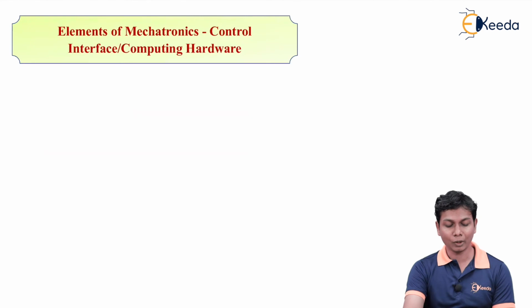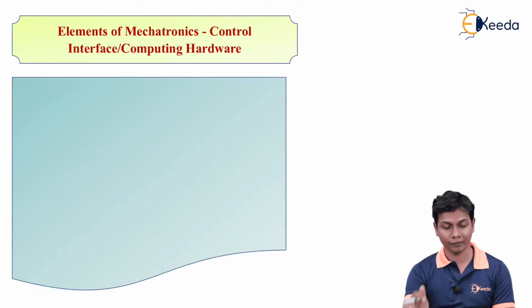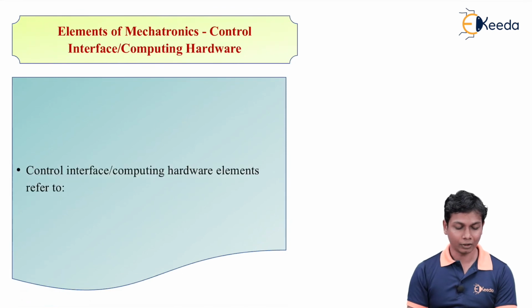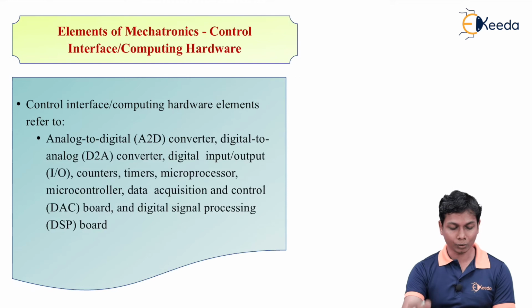Now, key elements of mechatronics with the computing hardware part, where control hardware is also used. The examples of control interface and computing hardware are A to D and D to A, that is the analog to digital converter and digital to analog converter.